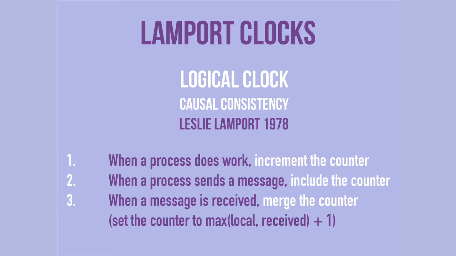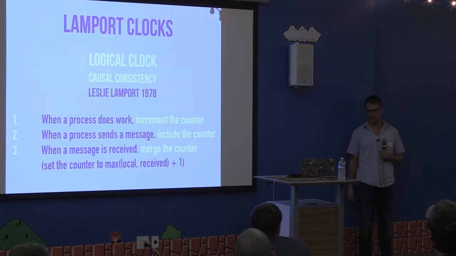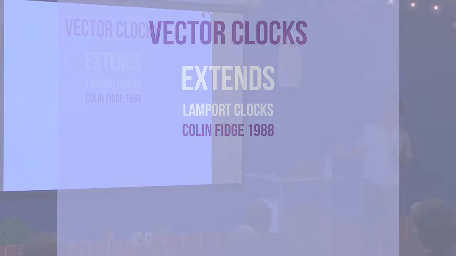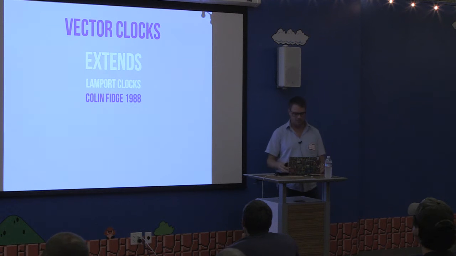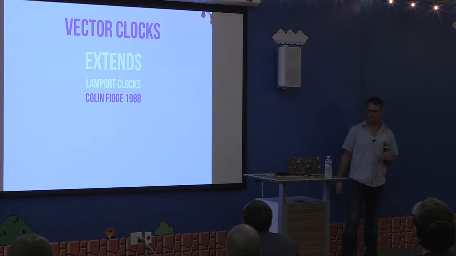This gives you causal consistency, and you can make sense out of ordering in a distributed system. This was extended by Colin Fidge in 1988, and actually he wrote a paper concurrently with some other guy that nobody remembers the name of, at least I don't. So they both discovered vector clocks, which is an extension of Lamport clocks.